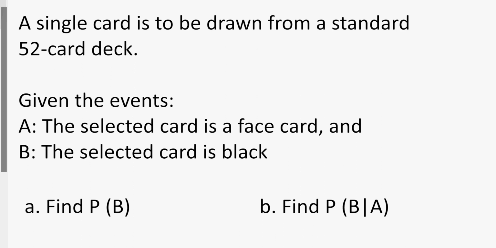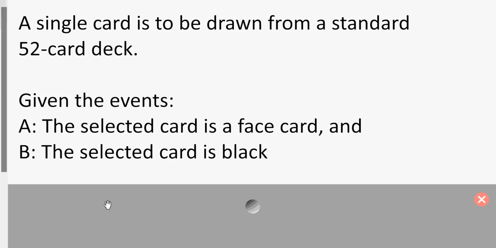So a single card is drawn from a deck of 52 cards, right? So let's look at two events. Event A is that the selected card is a face card. And event B is that the selected card is a black card.